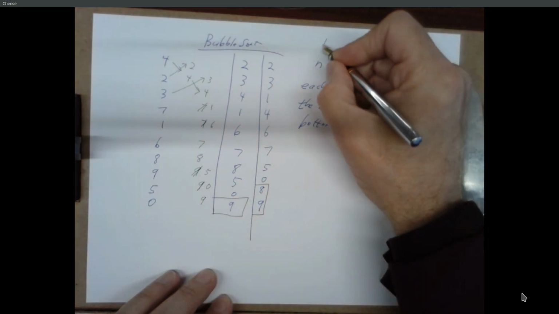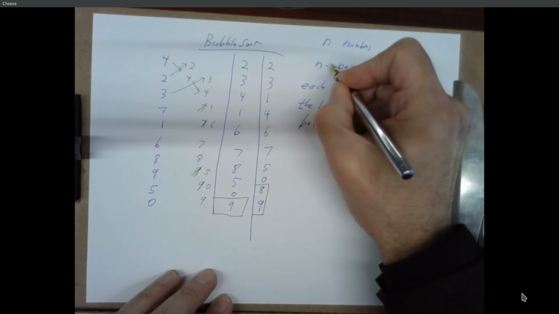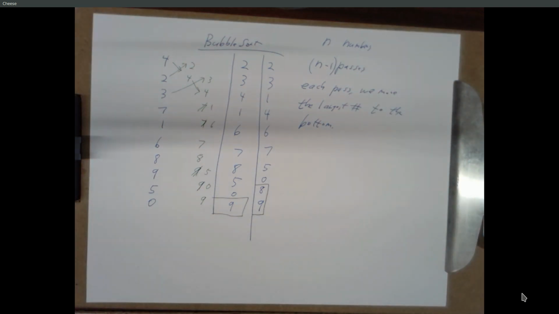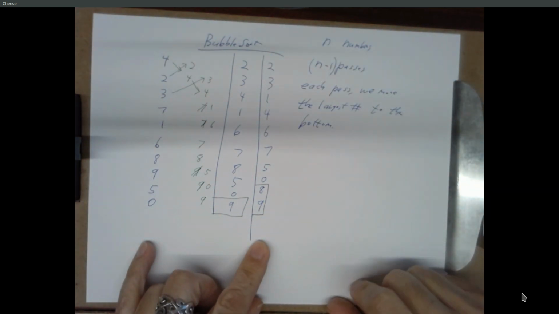So if you have n numbers, you really only need n-1 passes. But even if you do too many passes, it takes more time, but it doesn't disturb the result. If all my numbers are sorted and I make another pass, nothing's going to change position.